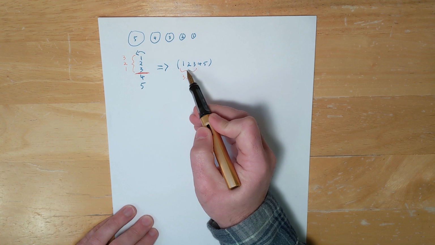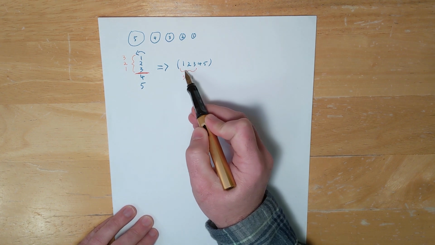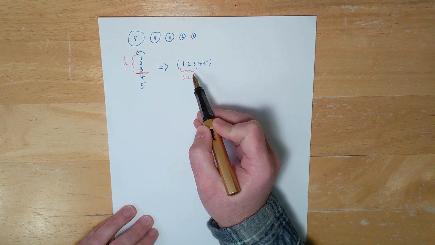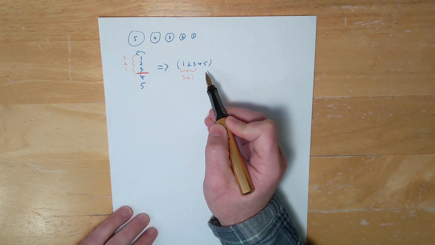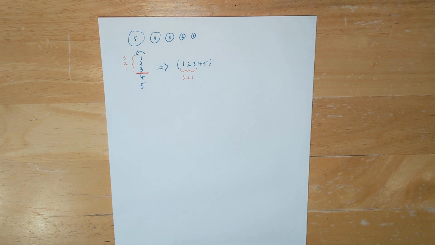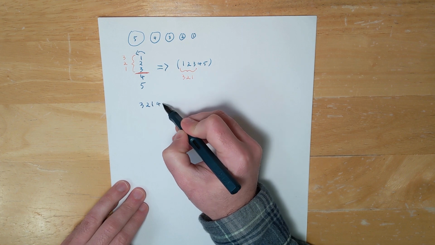So now we can see that the types of manipulations that we're allowed to do with this notation we have on the right are the ability to flip any prefix of this sequence. So we can transform with one flip, maybe the sequence 3, 2, 1, 4, 5.